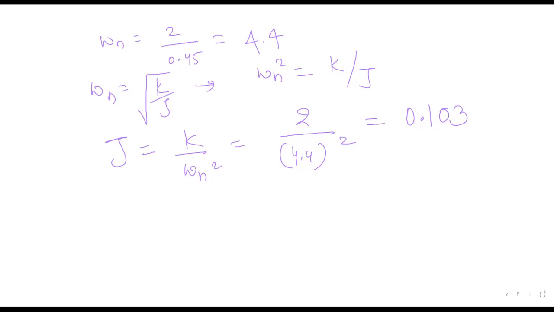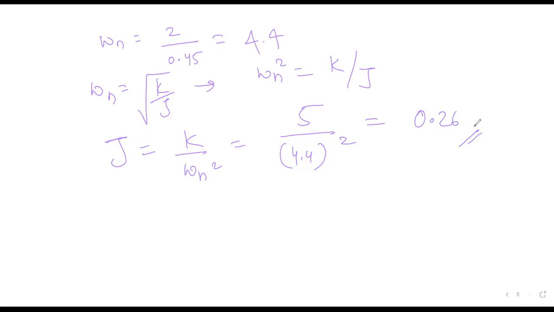And 2 by 4.4 square is 0.103. Oh, okay, here this value is 5. Now calculate it. You will have 5 by 4.4 square, which is 0.25, 0.26.